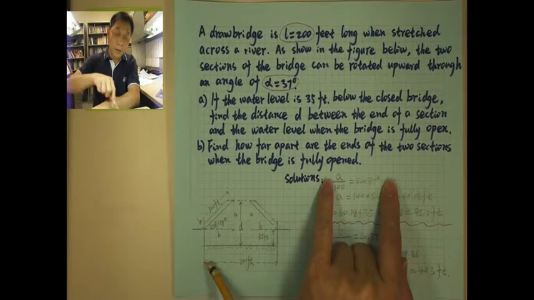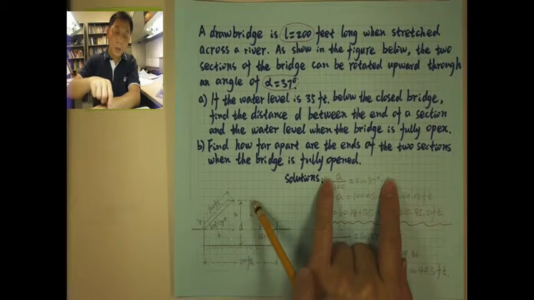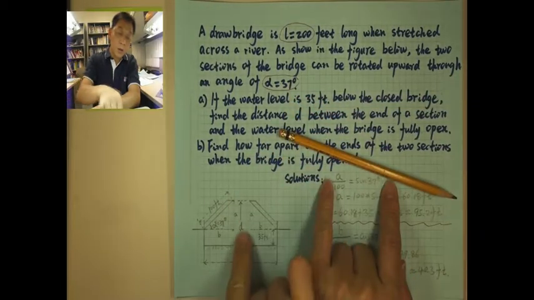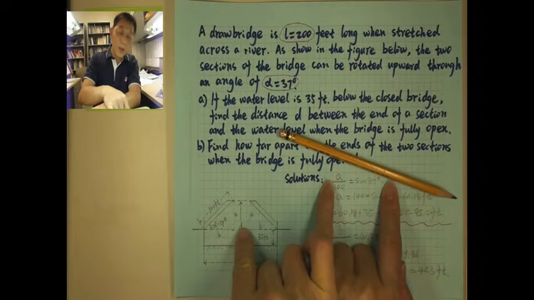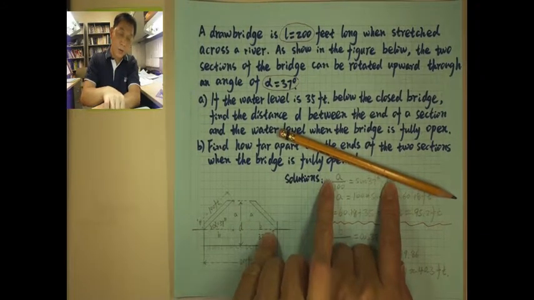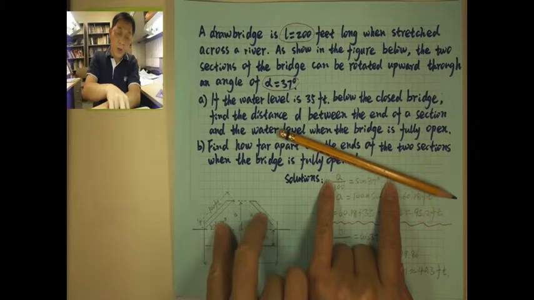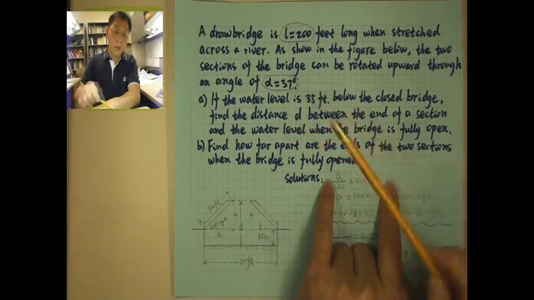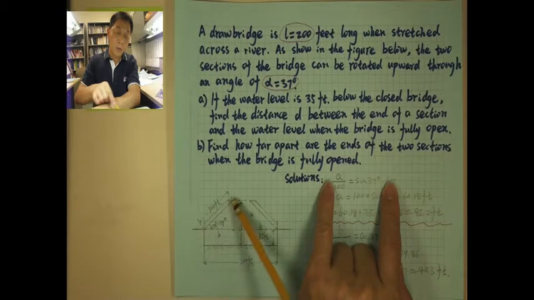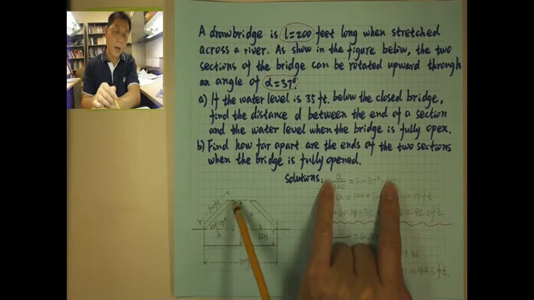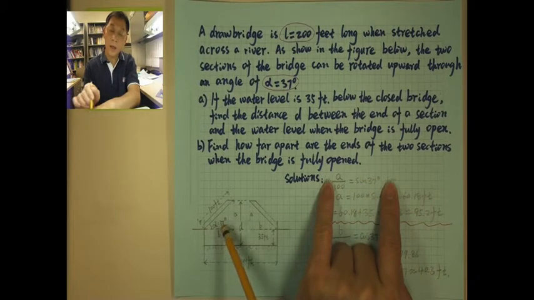Again, it's because of what? This is 200 feet in total. When the bridge was closed, the gap was closed, they all go down. Each side gets 100. When you rotate this bridge up, bridges are fully open, then this comes to be 100 hypotenuse. Okay. So you have A over 100 is sine 37.